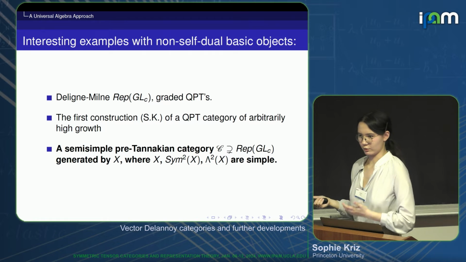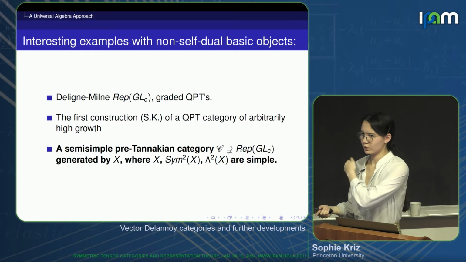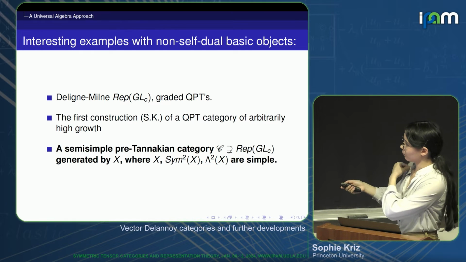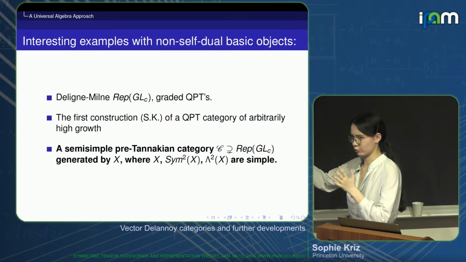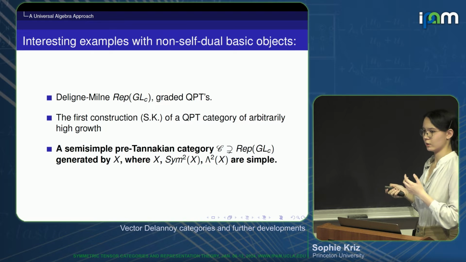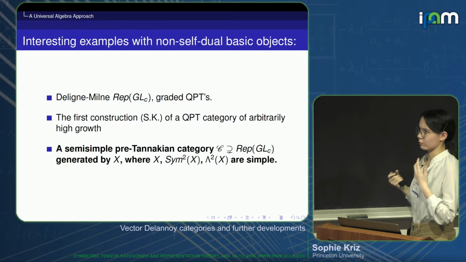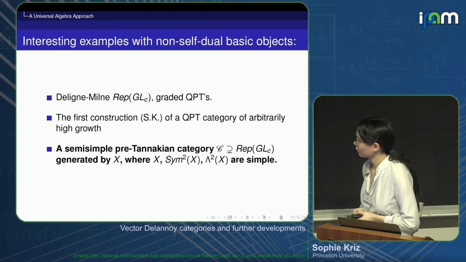Maybe this is just ignorance on my part, but I didn't know an example of this before. So I was able to construct an example of such a category using this T-algebra formalism, which is of independent interest for me, so I might discuss it a little bit later.